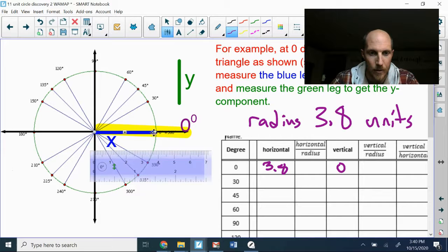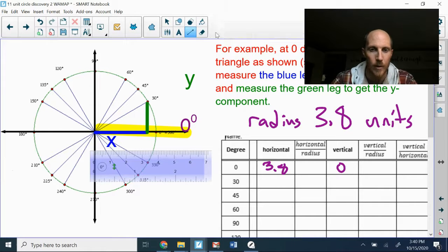And then let's just do one more. Let's say 30 degrees would be the next one. Your circle has all this stuff pre-drawn on there, and mine does not. But here's 30 degrees right here. So the triangle would look like, there's the missing part of my triangle.